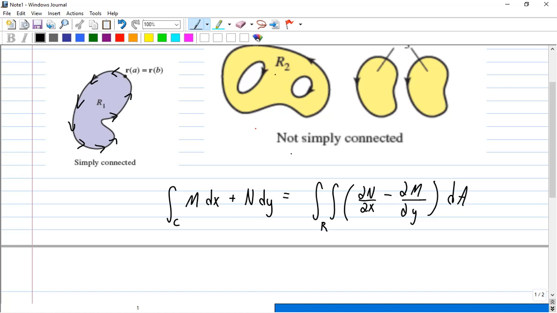It's not like R2 or R3, where you'd have to have many sets of different paths to be able to describe those. Also, you can see that it's oriented counterclockwise. All those are important.